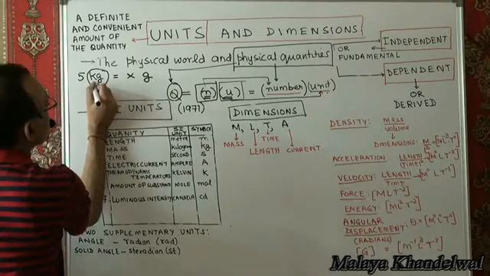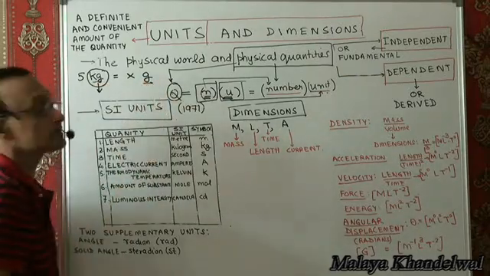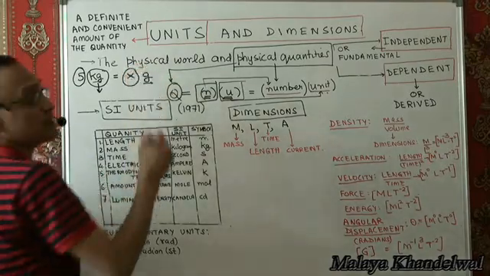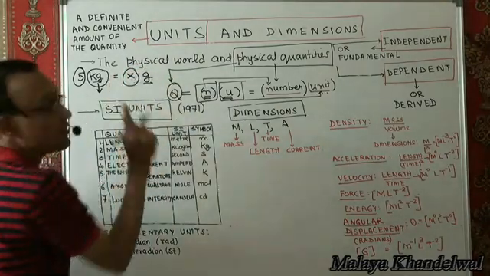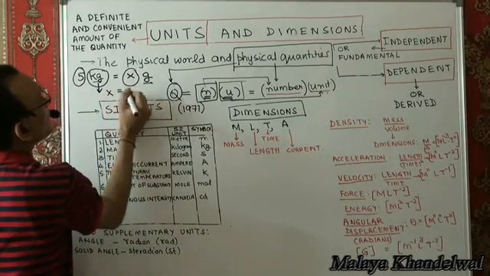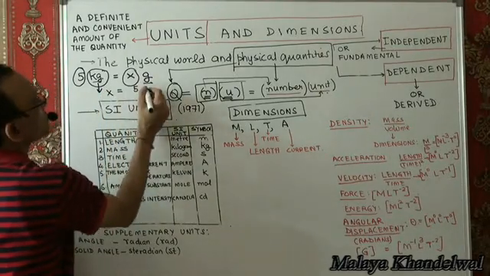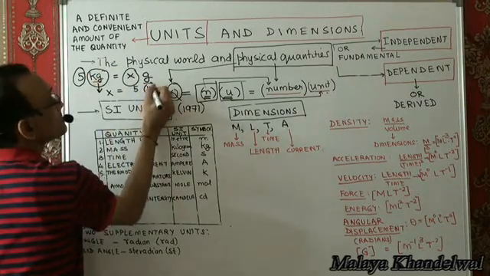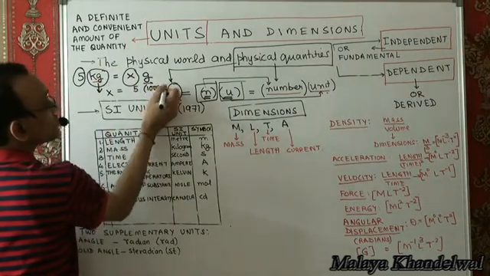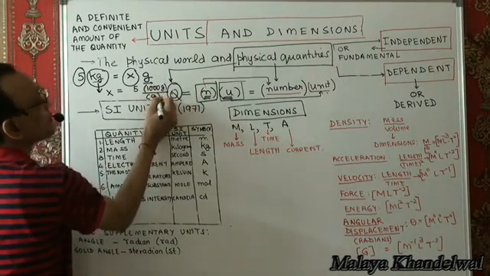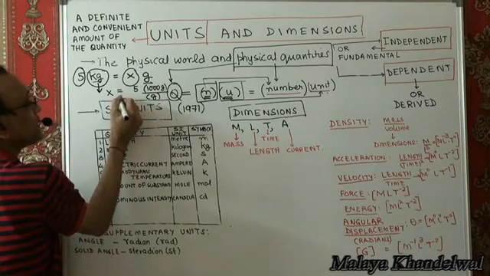So the unit has changed from kilograms to grams, and 5 has changed to x. But these two are equal. So how does one find x? x very clearly is 5 kilograms, and a kilogram is like 1000 grams, divided by a gram. So that makes it 5,000.